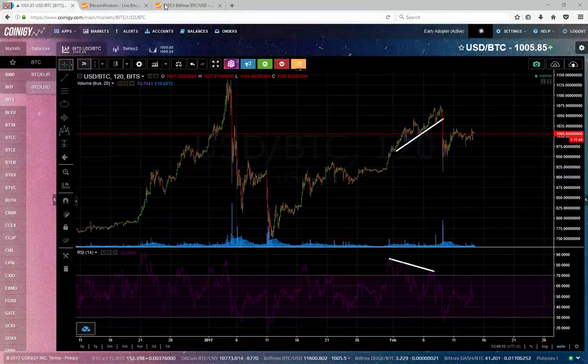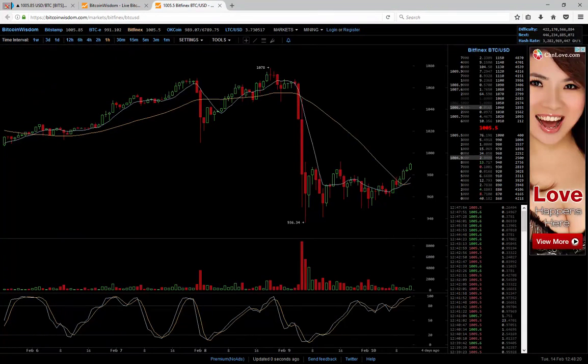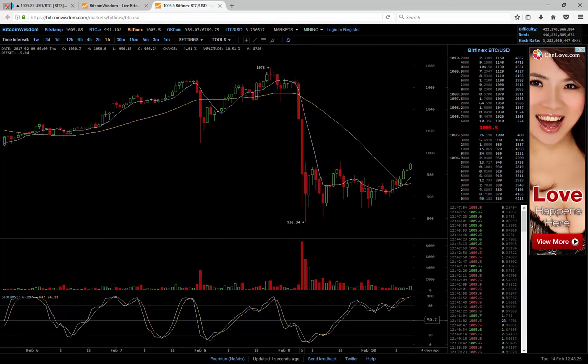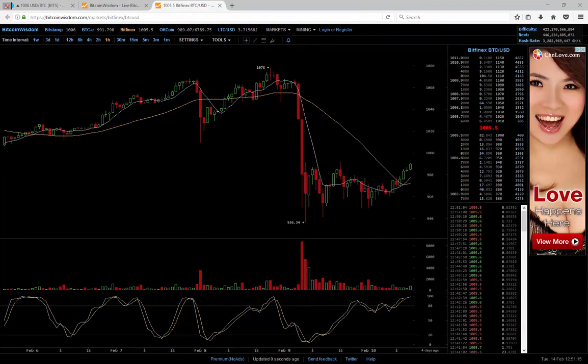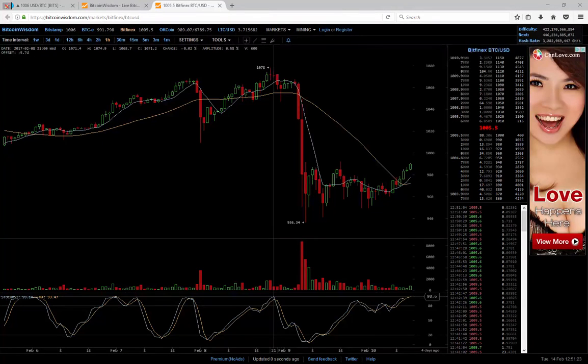And then I'll show you another form of RSI. It's called the stochastic RSI. I generally use this for scalping, especially on the lower time frames. So you have two types of lines. You have the percent K line, which is a faster moving line, the white line right here.